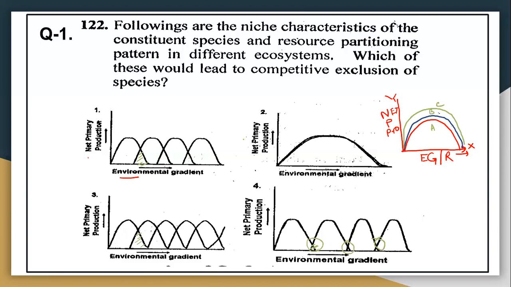So maximum overlap is in option 2, that's why it will be the answer. Competitive exclusion occurs if there is maximum overlap between the species, because they are using the same resources, and that's why it leads to competitive exclusion. So next question we'll see.